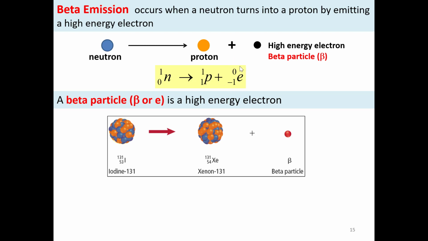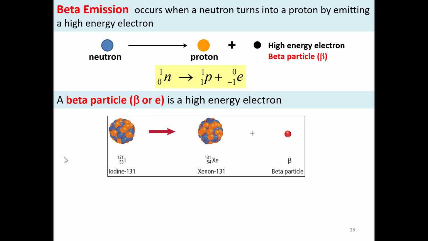And this is the symbol for the beta particle or high energy electron. We can see the mass number is 0, and the -1 just represents the charge of the electron. Then a beta particle is just a high energy electron.